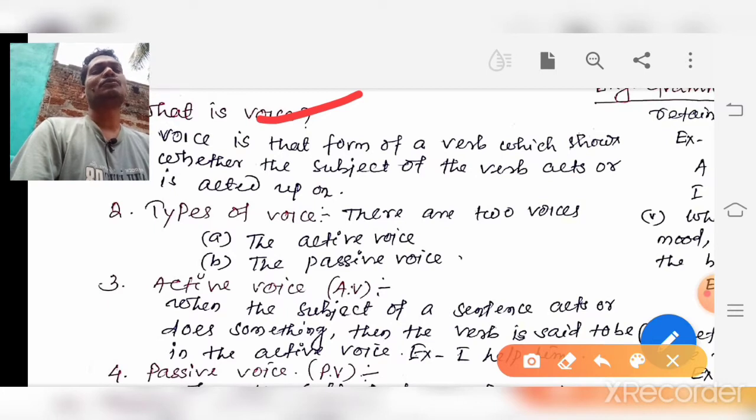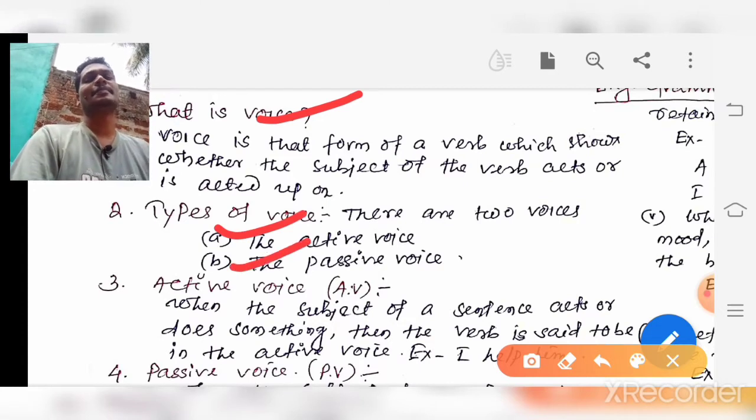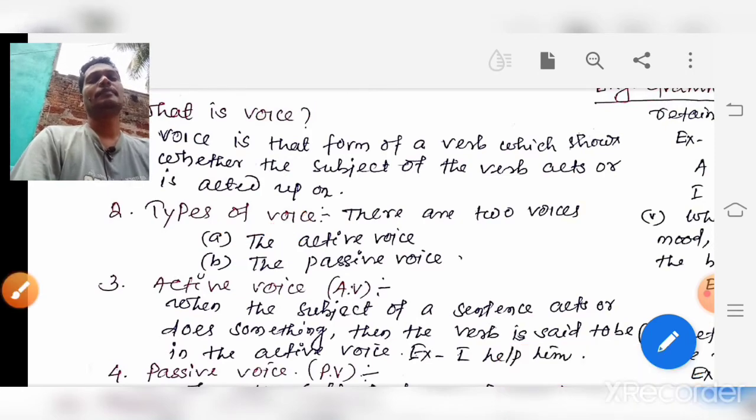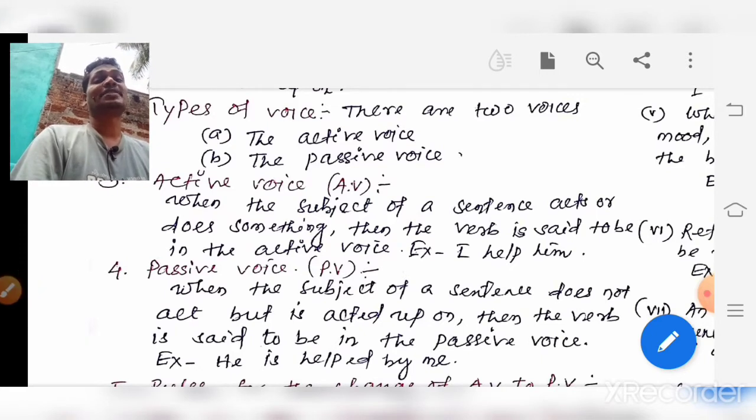Then types of voice. There are two types of voice. One is active voice, the other is passive voice. What is active voice, or AV? Active voice: when the subject of a sentence acts or does something, then the verb is said to be in the active voice.